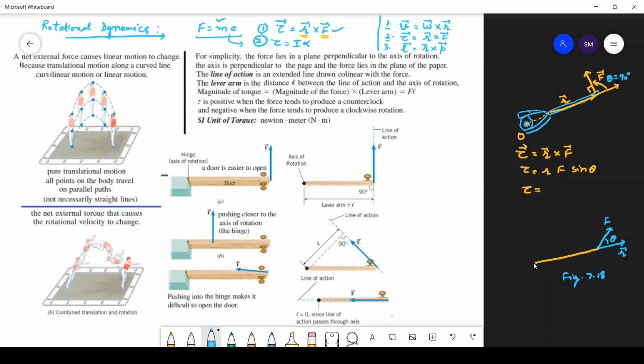The nut is there, but here I am not applying the force at 90 degrees with the position vector; I am applying the force at a certain angle. So this is not a good way to apply the force. You will get less torque, because when theta is lesser than 90 degrees, the torque will be lesser.